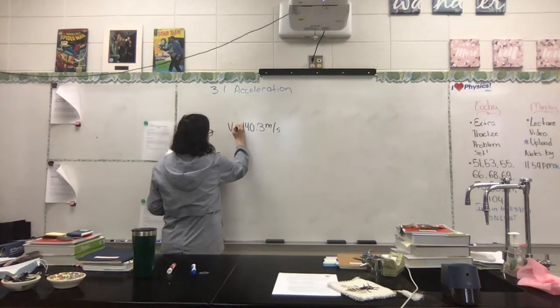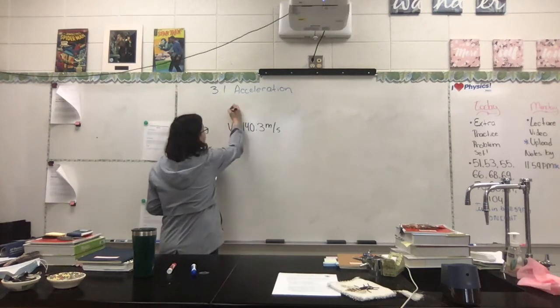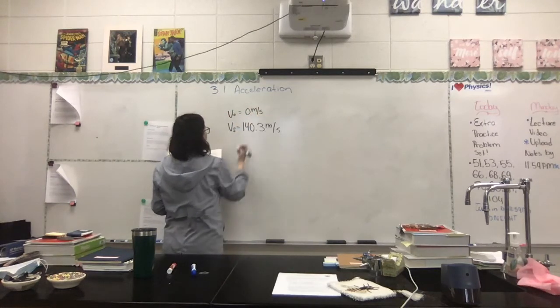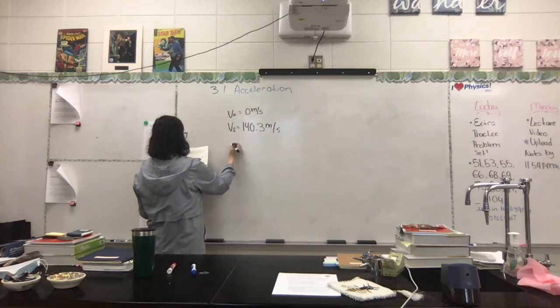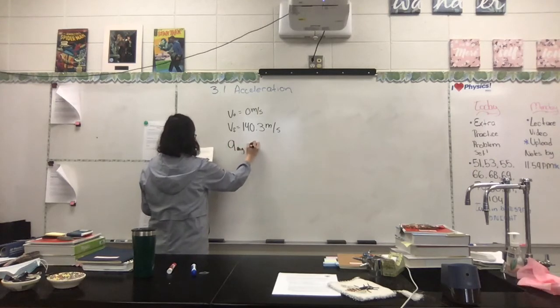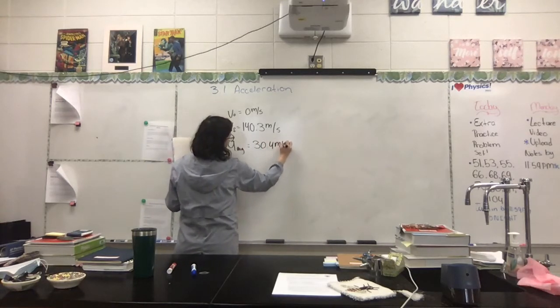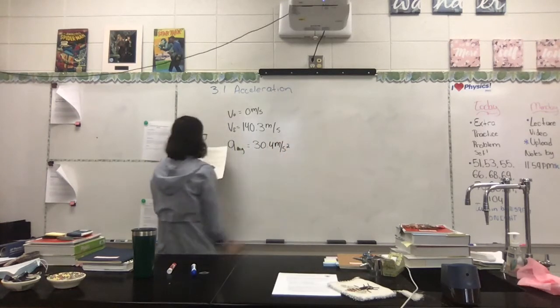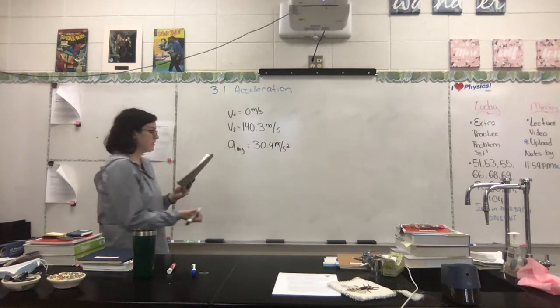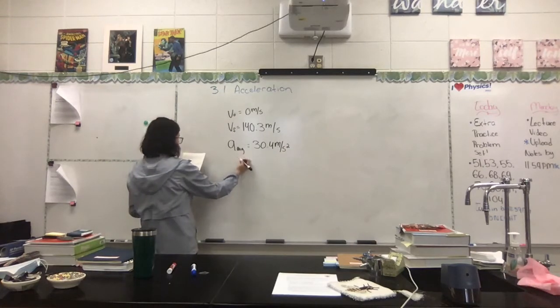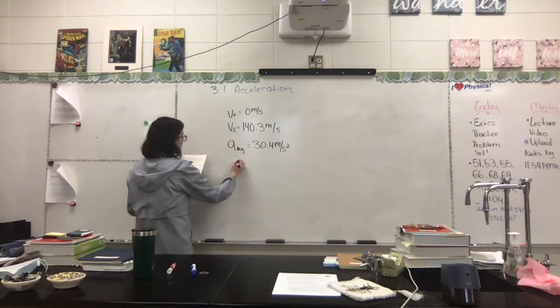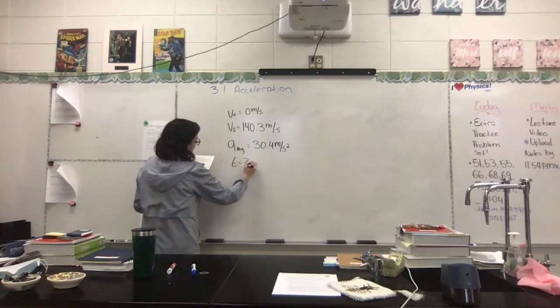That is his final velocity. He started from rest and he was speeding up at an average acceleration of 30.4 meters per second squared. All right? What we want to know is what was his winning time for the race?